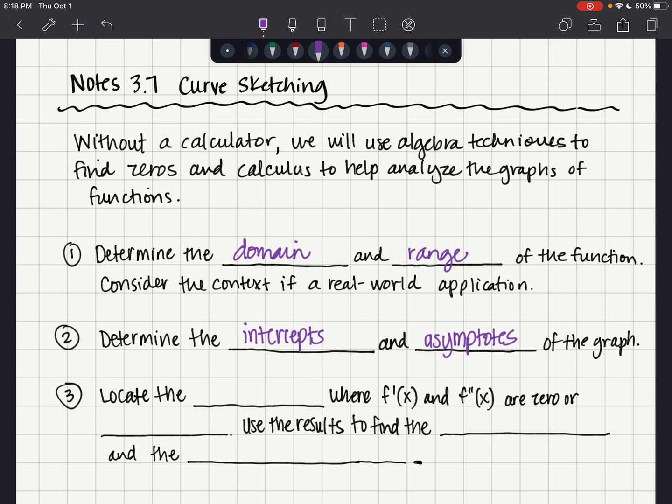Then we're going to locate the x values of our first derivative and second derivative. See where they are 0 or undefined. You'll recall critical values, critical numbers. Use those results to find the relative extrema and points of inflection.